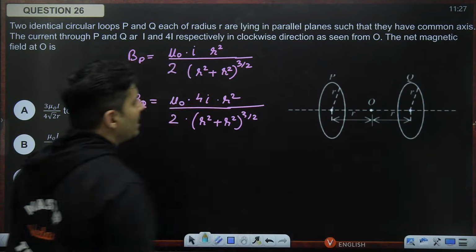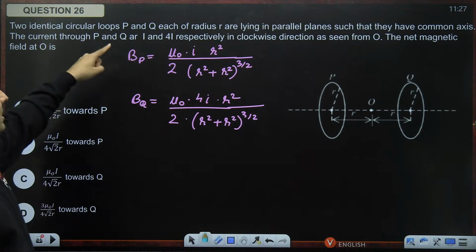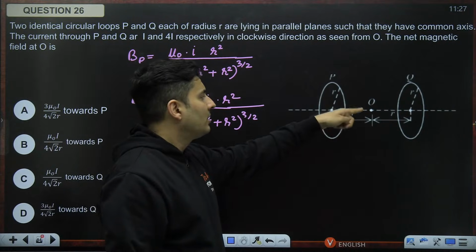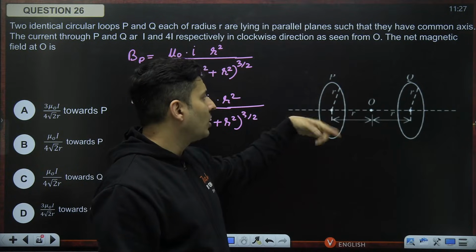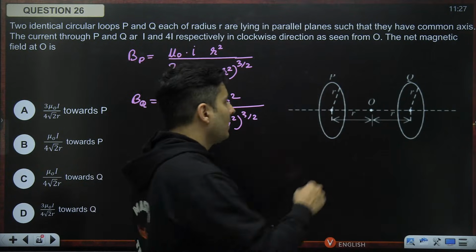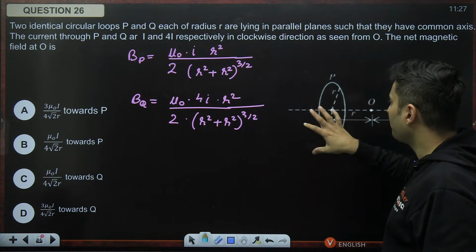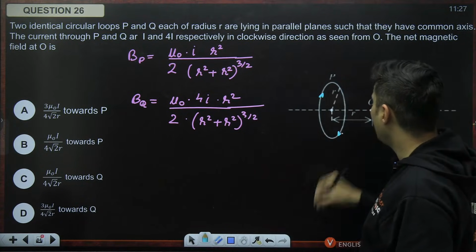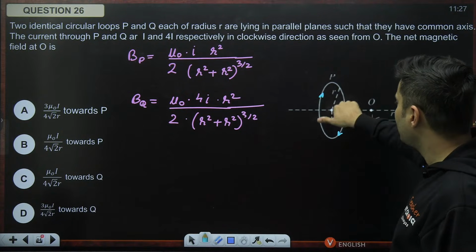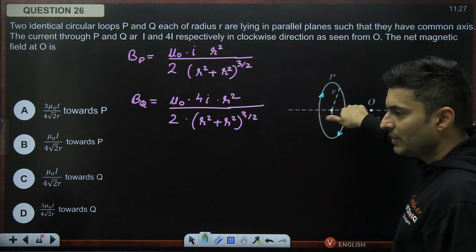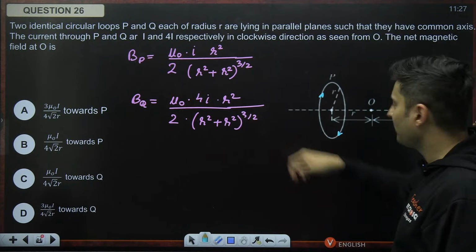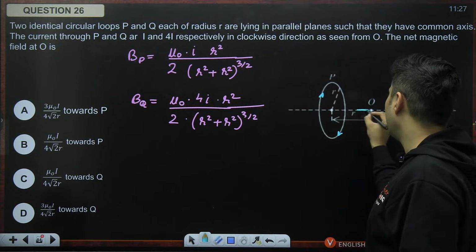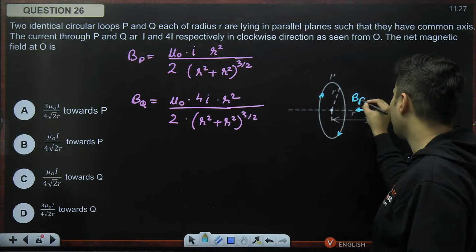But the catch is towards the end. It is clearly mentioned that point O will see the current clockwise, meaning if you are at O and looking at this loop, clockwise current means it is like this. And if the current is clockwise, curl your fingers, you will see the magnetic field should be going this way. So due to P, the magnetic field will be like this.